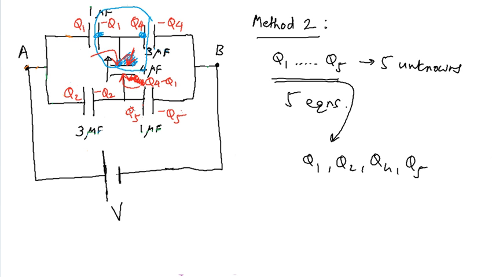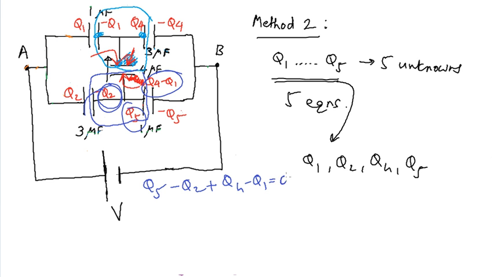Now I'm going to get rid of Q5 in a likewise manner. Just imagine that I apply charge conservation to this particular volume. So what would happen is Q5, which is this charge, minus Q2, this charge, and plus Q4 minus Q1 will be equal to 0, and that would of course mean that Q5 I can replace it with Q2 minus Q4 plus Q1.